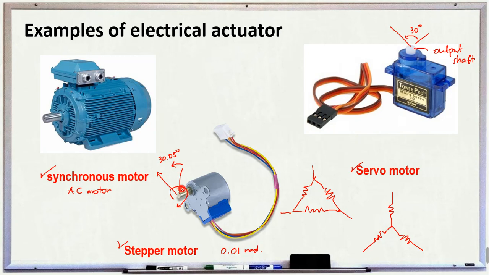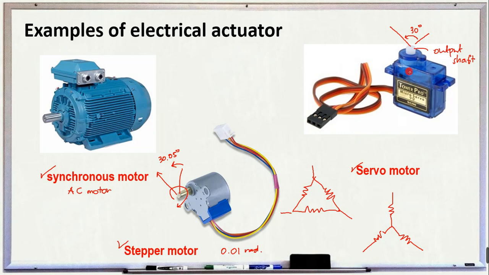And another feature of our servo motor is that it can detect its position, because it has a sensor inside, an encoder. So this is a nice feature of our servo motor, the encoder.